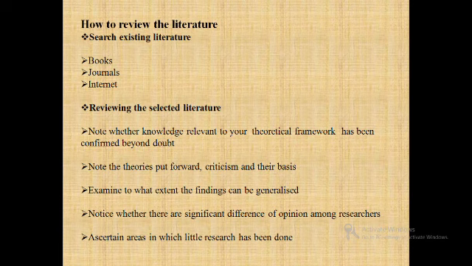Then he needs to note the theories put forward, the criticism, and their basis. The next step is to examine to what extent the findings can be generalized and to bring to notice whether there is significant difference of opinion among the different researchers. And finally, he needs to ascertain the areas in which little research has been done.